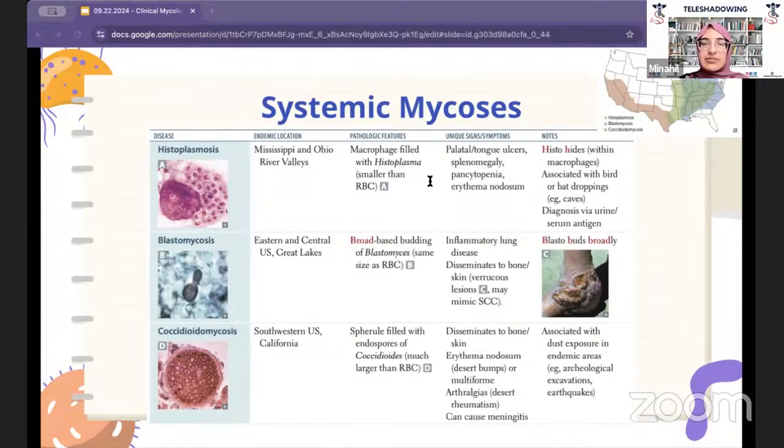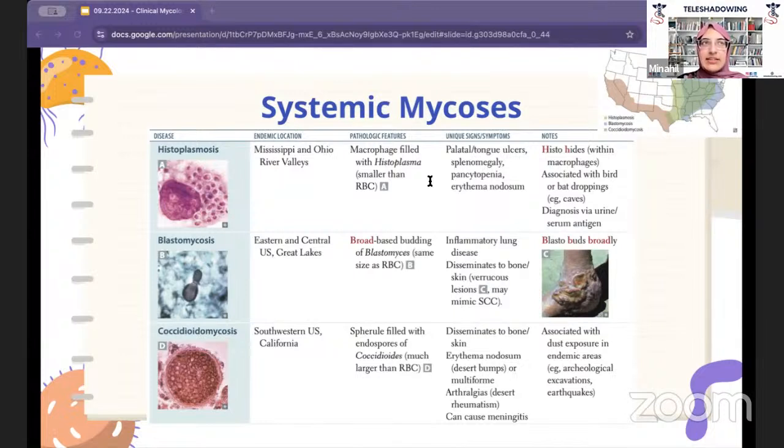You have to see it under a microscope, because you would see a thicker-walled yeast with broad-based budding. That's a buzzword, broad-based budding, and that's how you're able to differentiate blastomycosis from histo when there is a question.